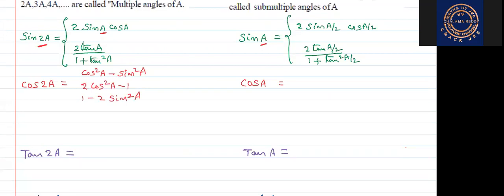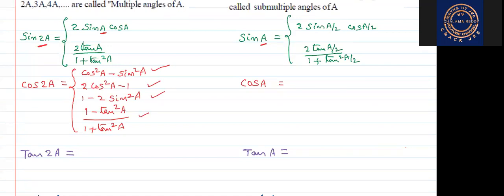In terms of tan, this is 1 minus tan square a divided by 1 plus tan square a. Here, there are four formulas of cos 2a. One is in terms of cos and sine. Another one is in terms of cos. The third one is in terms of sine. The fourth one is in terms of tan.